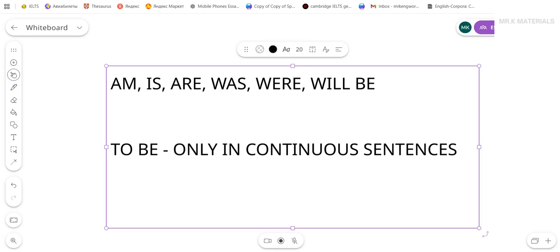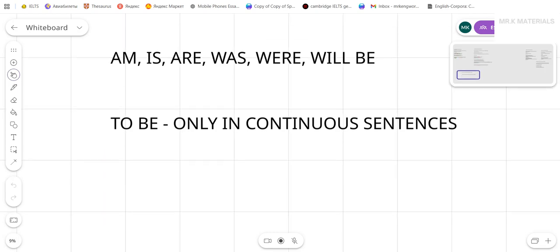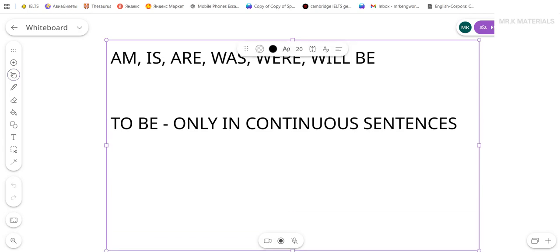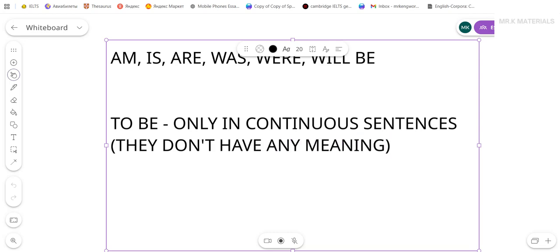You don't use them as to be's in any other case. So what is their function? What is their meaning if they are used as to be's? Now the thing is, they do not have any meaning. You cannot translate them at all.